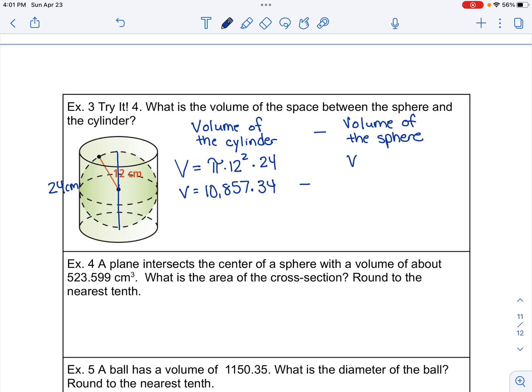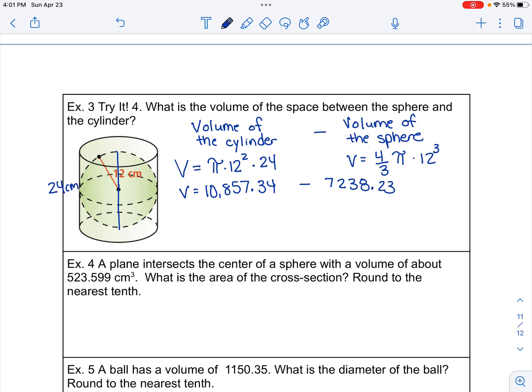Minus, let's do the volume of the sphere. The sphere formula is 4/3 pi r cubed. So the radius was 12 to the third power. That is about 7,238.23.